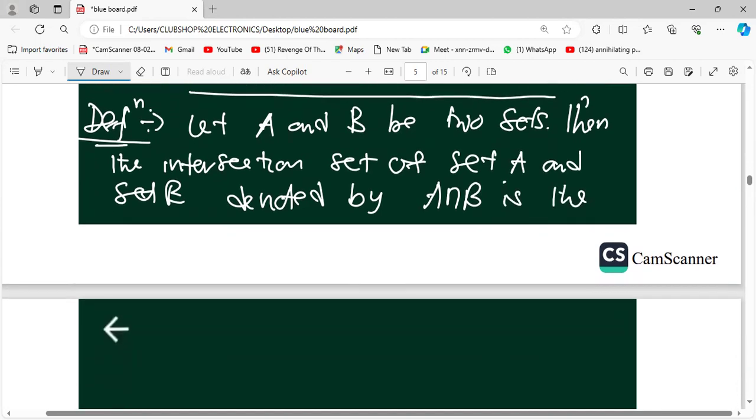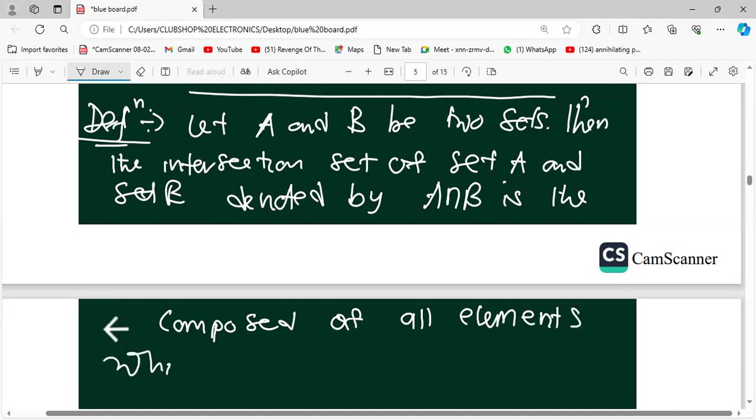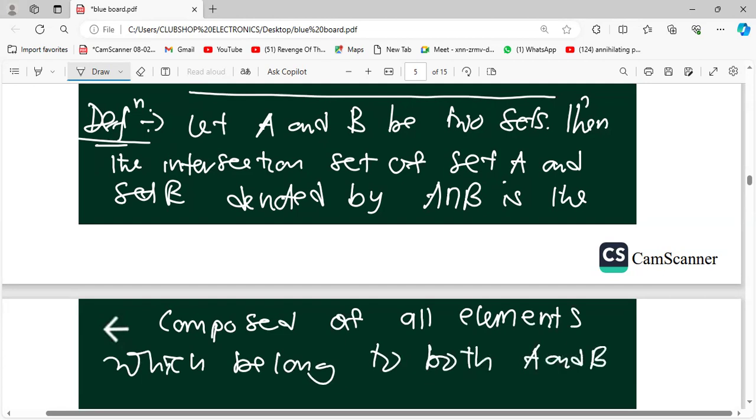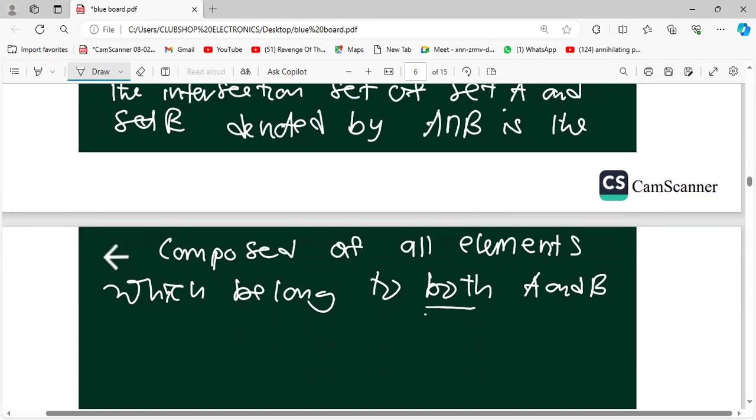set composed of elements which belong to both A and B. So the key word here is both; it implies intersection, as well as and.